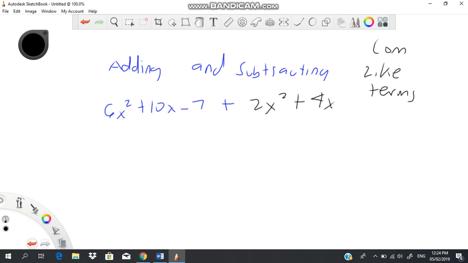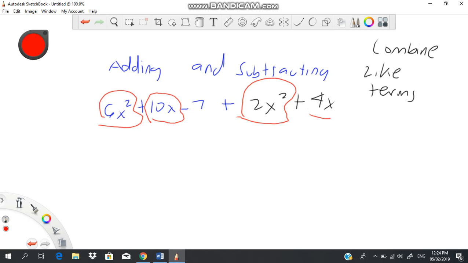I often do the encircling to make it easier because this is adding in the horizontal form. So 6x squared is the same as 2x squared because they are like terms, same variable and same exponent. How about 10x? 10x is the same as 4x because they only have x raised to the first power. And negative 7 is by itself, so we'll just leave it there.